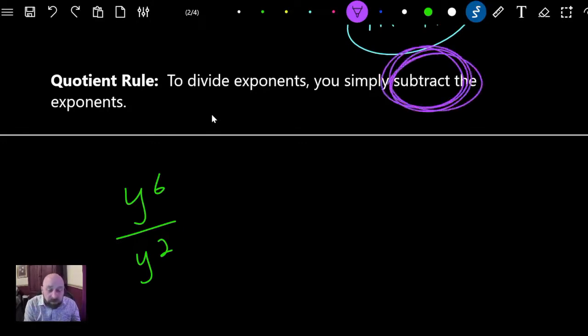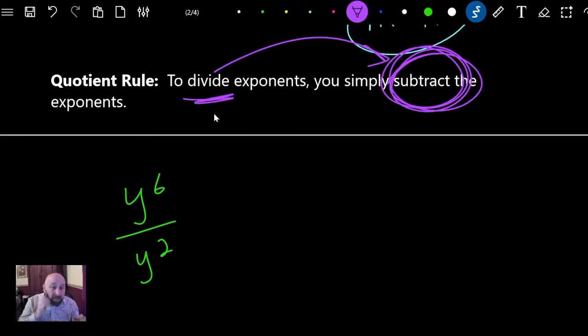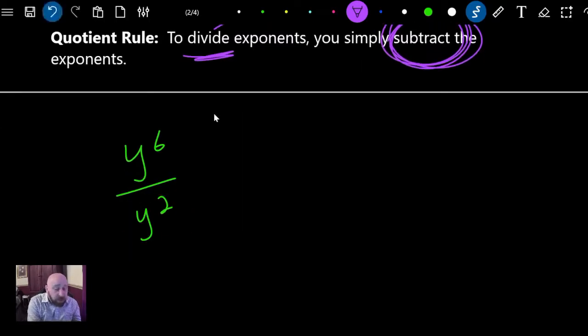Notice now we're subtracting. What did we do when we were doing multiplication? We added. What do we do when we're doing division? We subtract. Okay? Now, here's another little fun fact. If your exponent on the top is bigger, for instance here the 6 is bigger than the 2, your solution is going to be in the numerator because it was bigger.